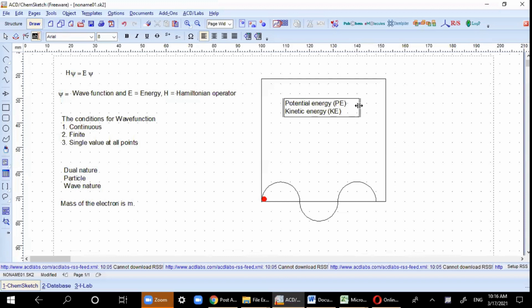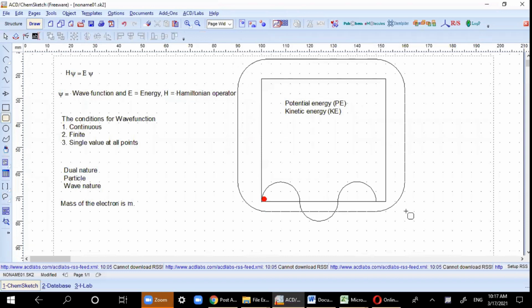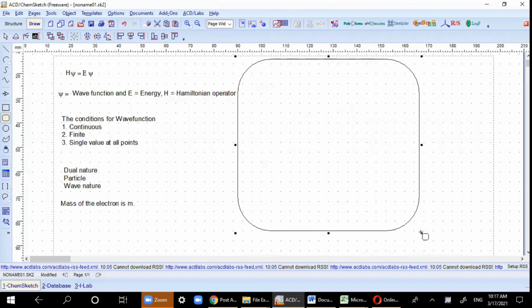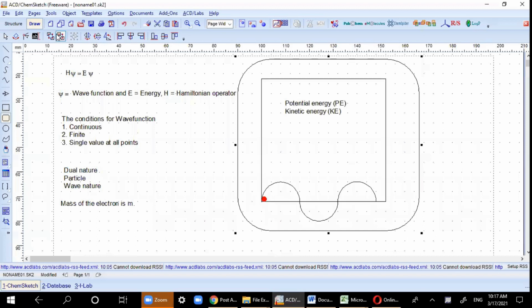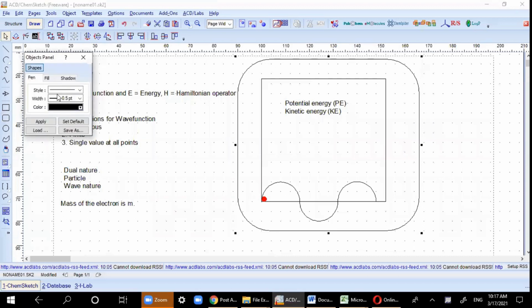And one more thing, this is the inside of the box. That is a one-dimensional box. Let us assume what happens outside this box, the conditions for outside the box.